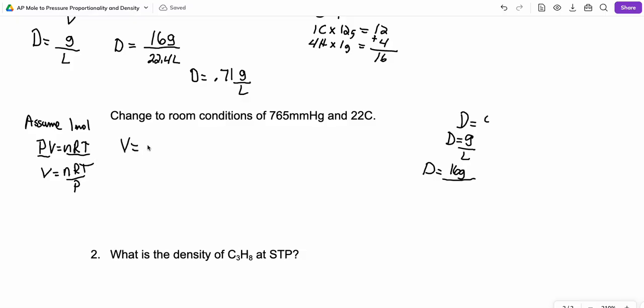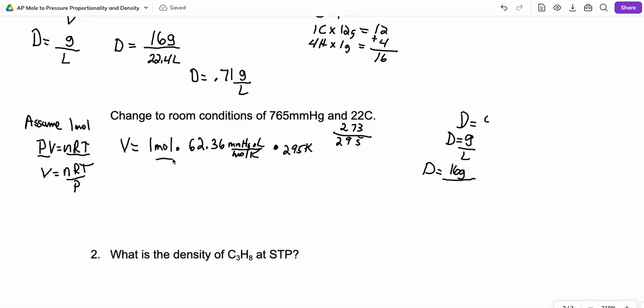V is equal to, well, we're assuming 1 mole, so n is 1 mole. R, okay, so for millimeters of mercury, the R value is 62.36 or something like that. It's close enough. Those units are millimeters mercury times liters over moles Kelvin, times T. Well, we got to change our 22 to Kelvin by adding 273, so that's 295 Kelvin.